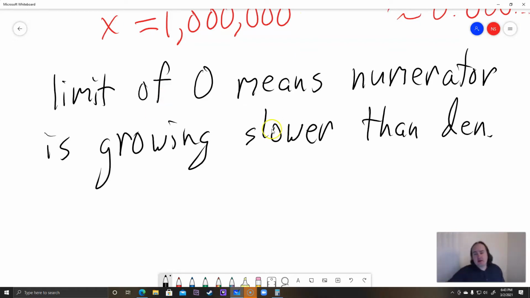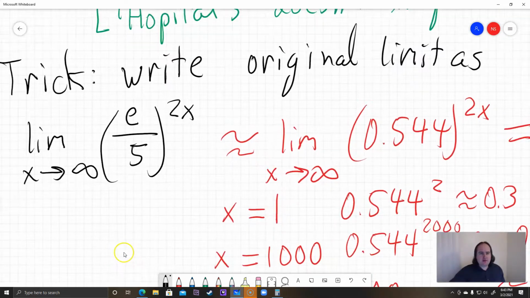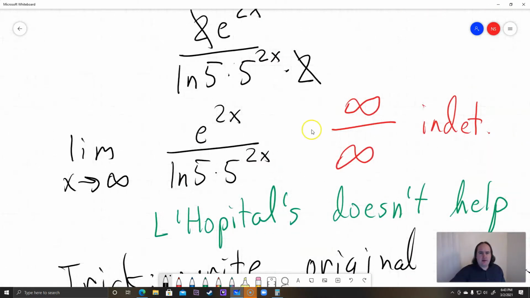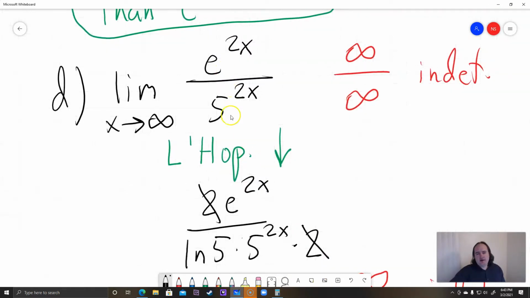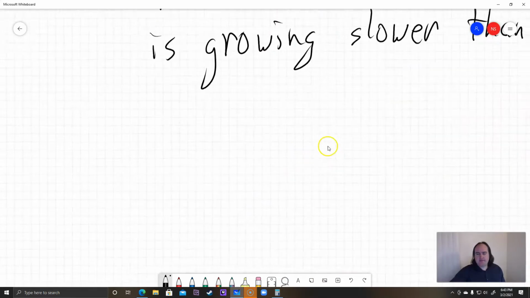Okay, and then switching that around for our answer, that's going to mean that 5 to the 2x is growing faster than e to the 2x.